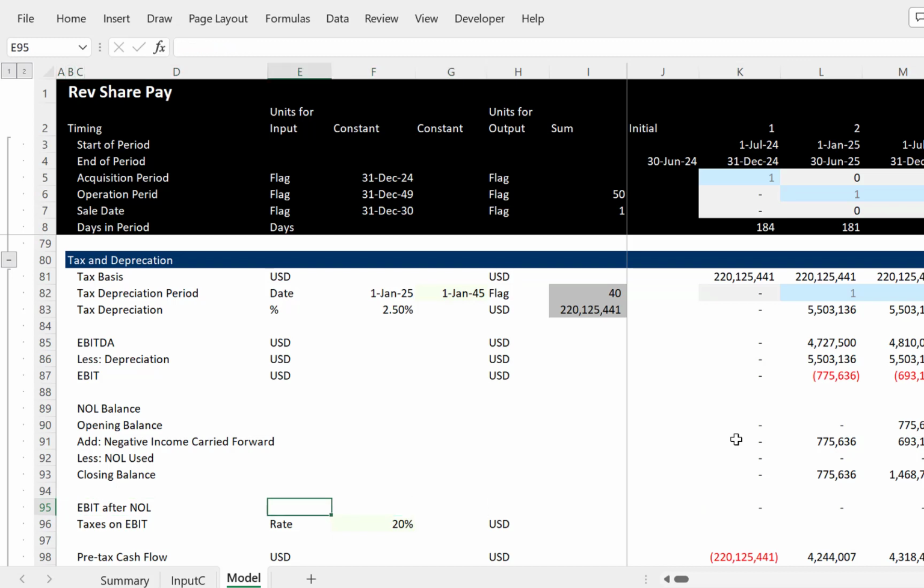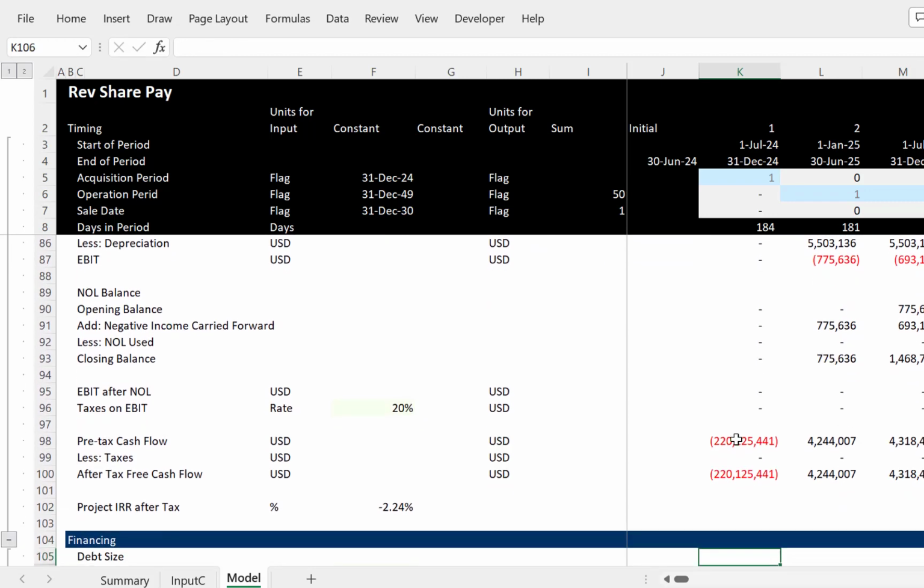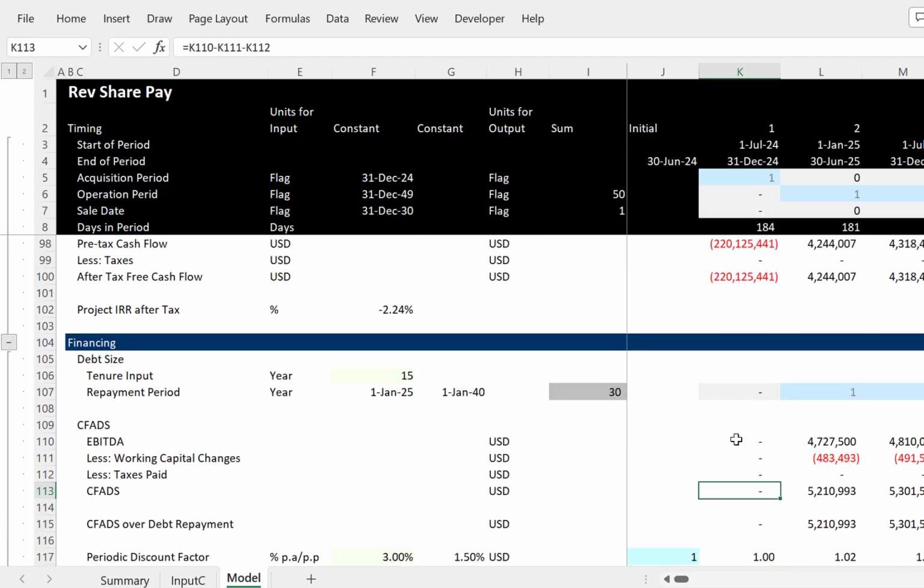Okay, this is USD. Okay, and then we take our number and now multiply it by here, but that's not the mistake I made, I think. The mistake I made down here is when I said taxes less working capital changes.